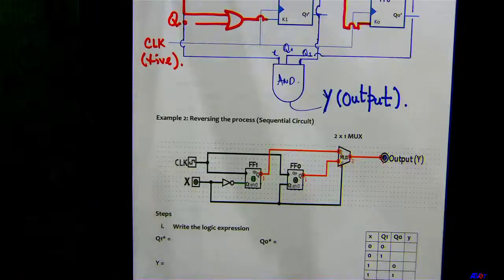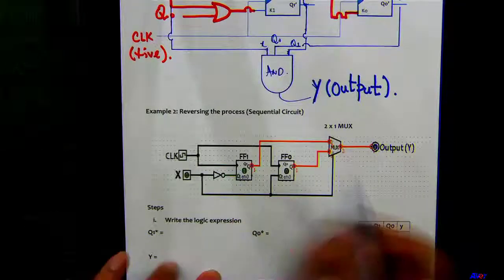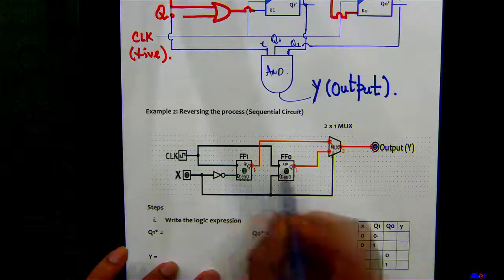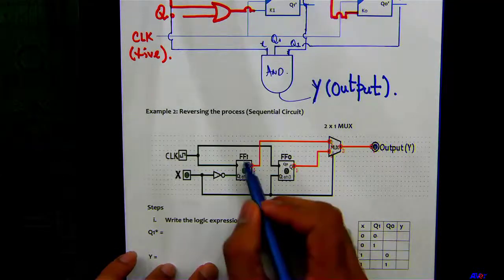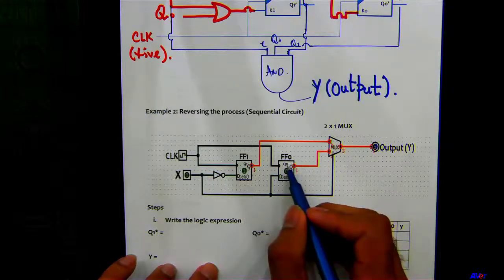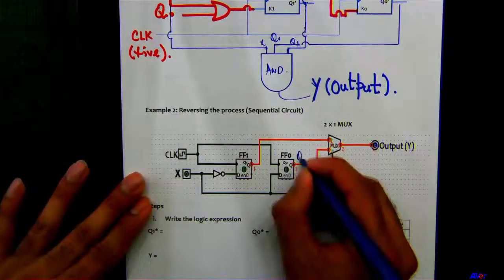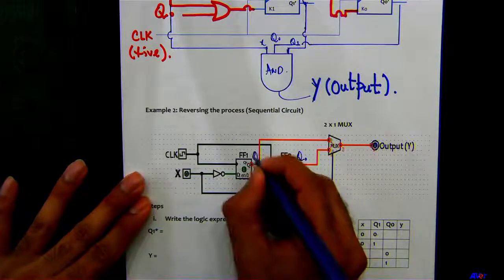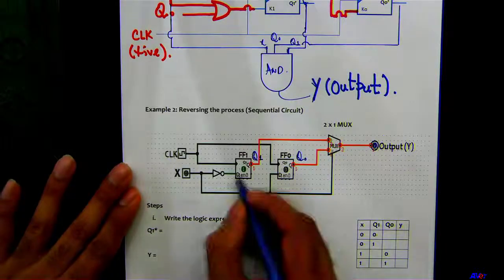Notice I actually use logic M. So the clock appears over here. Okay, so we got two clocks for two flip-flops. This is your output Q1. This is flip-flop 1. This is flip-flop naught. So this is your Q naught. Actually, let me write it down here. Q naught, Q1. These are the present states. And this is your next state, right?